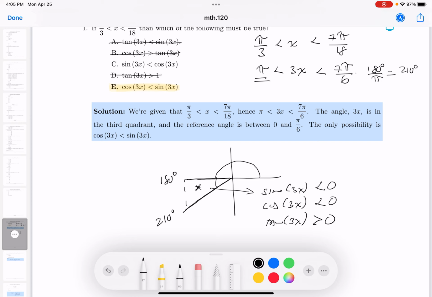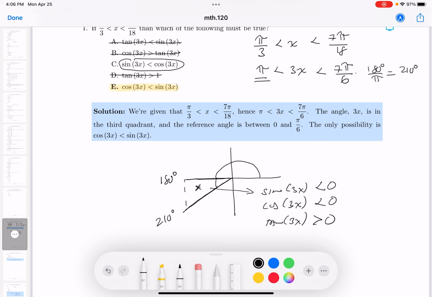All right, let's talk about the sine of 3x and the cosine of 3x. I'm looking at the picture, and which one would be bigger, so to speak. I know they're negative, so I'm just going to look at the reference. They're both negative, by the way. So I'm looking at the reference now, and I'm wondering which one would be bigger.